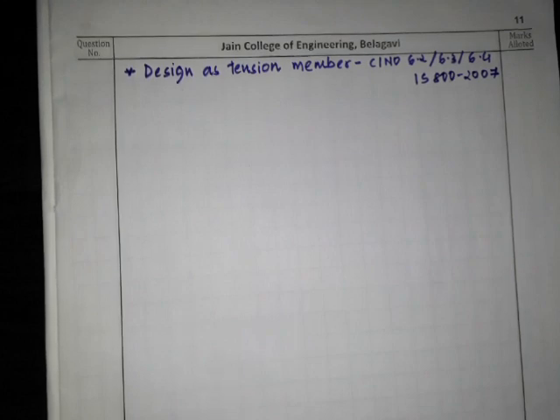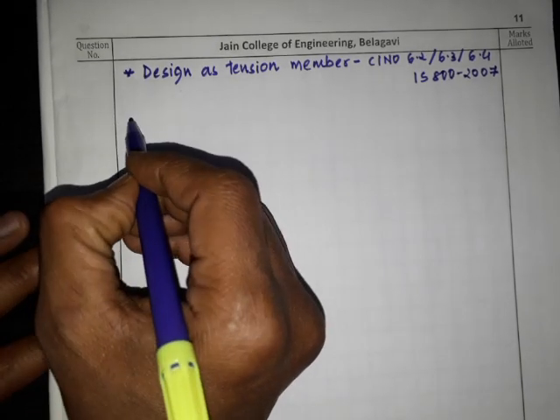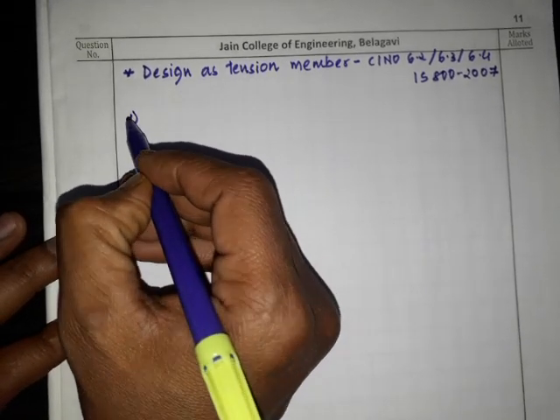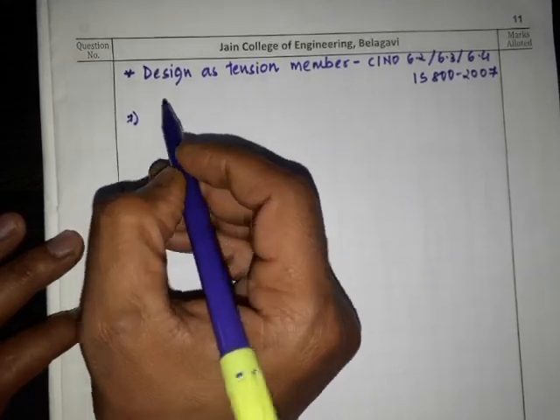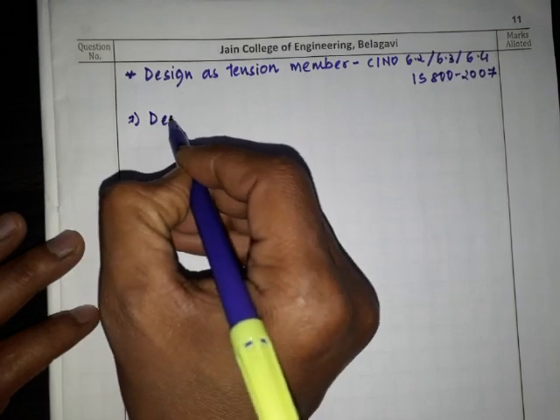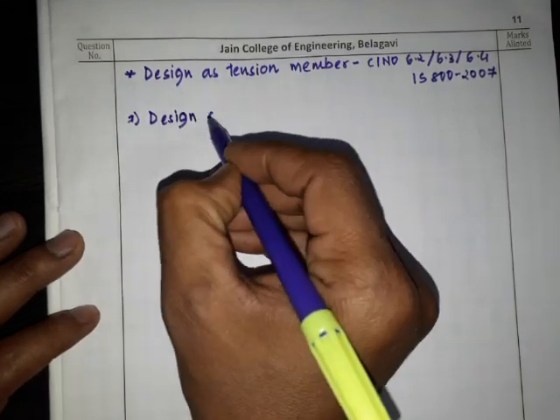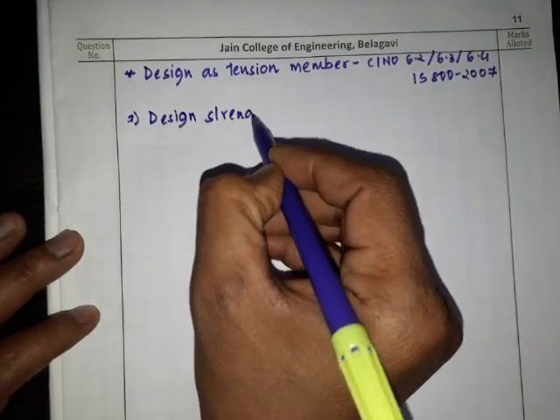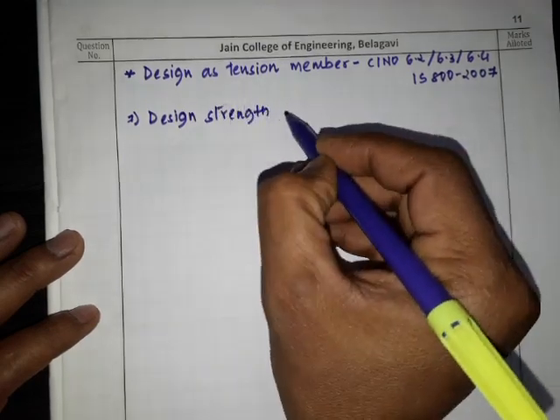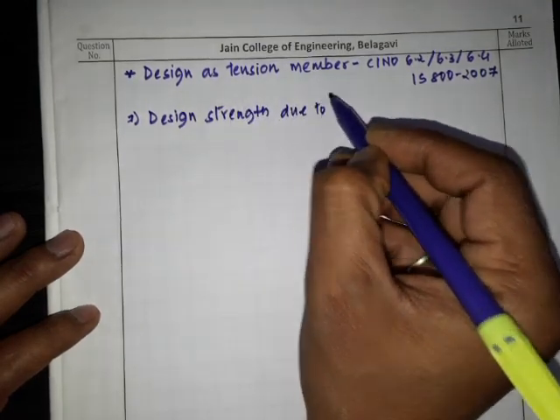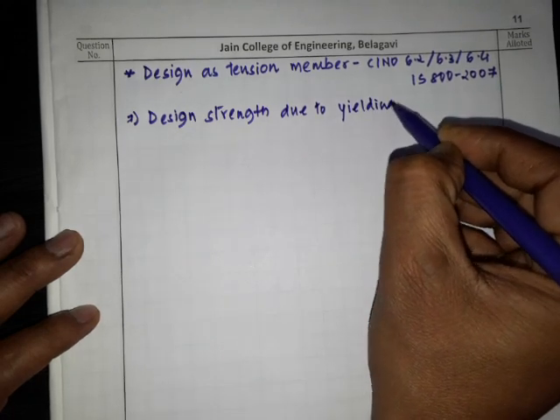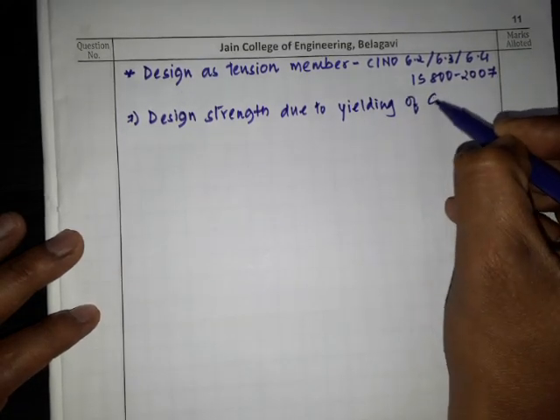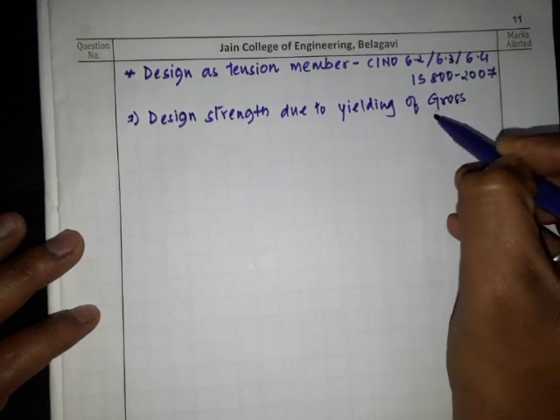Okay, so the first step is design strength due to yielding of gross section.